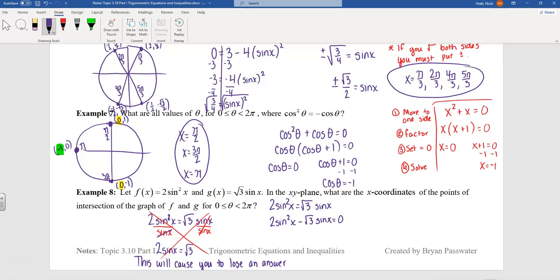What would I do next? Factor out a sine because we've got sines with both of these. So we'll have sine of x, and then we'll have 2 sine x minus the square root of 3. Right, we're just taking one of the sines away from each of those.